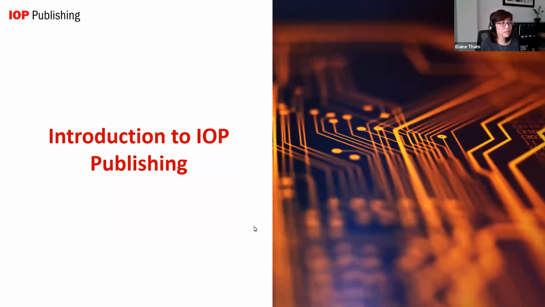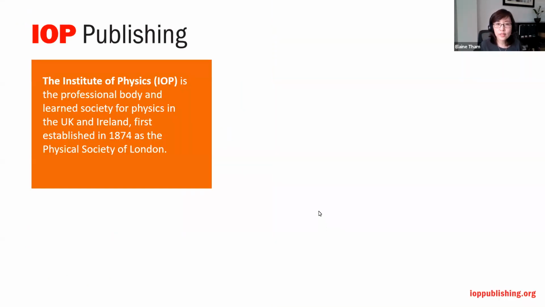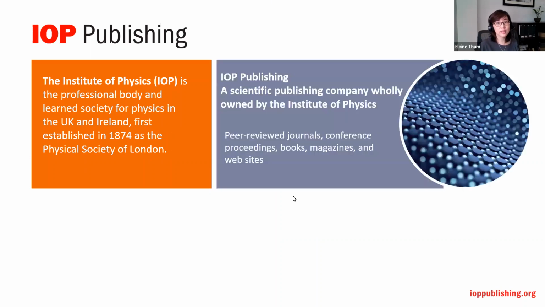So this is a good segue for me to go into a little bit of information about who we are. The Institute of Physics, or IOP, is the learned society for physics in the UK and Ireland, and they were first established nearly 150 years ago as the Physical Society of London.